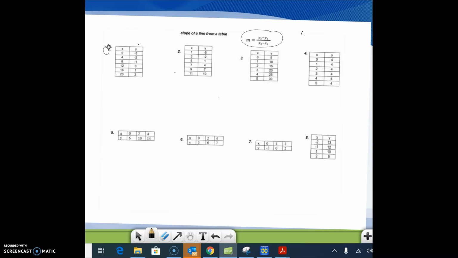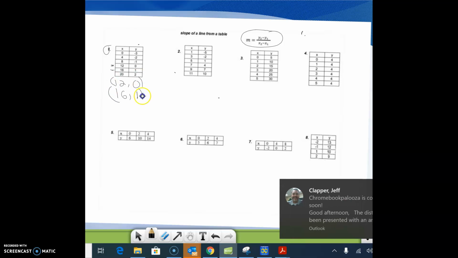So if I do that, let's go with this ordered pair, which is 12, 0, that's x1, y1, and then we'll go with the one right underneath it, and that would be x2, y2. All right, so there's my 2 ordered pairs. We're going to do the formula again, okay?